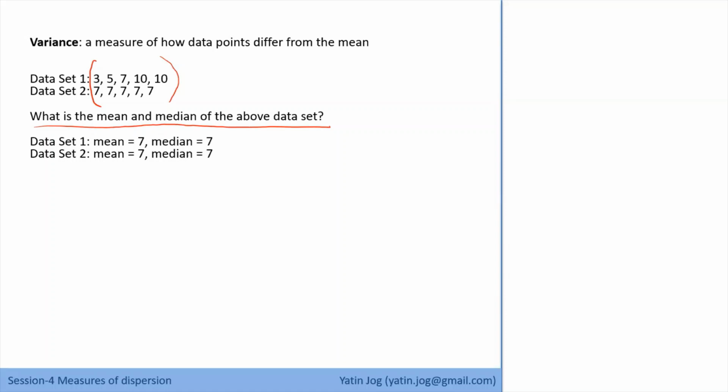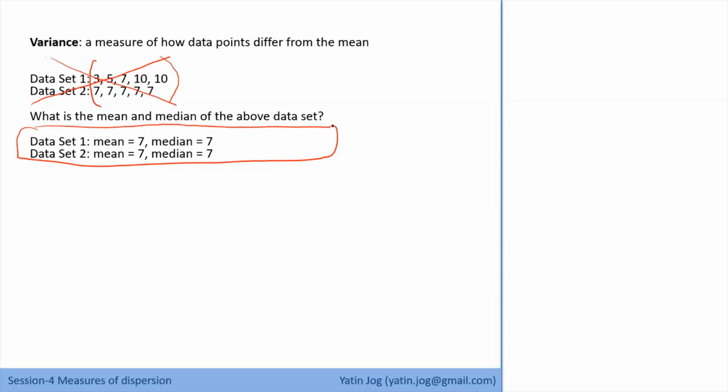Now just consider, if I'm not giving you the original data, the original data is not with you. If I just give you this information that I have two data sets with same mean as 7 and same median at 7, how can you visualize the data set if you have only this information available with you?